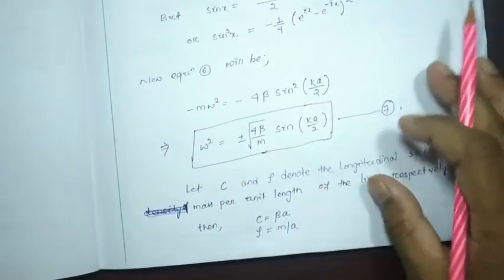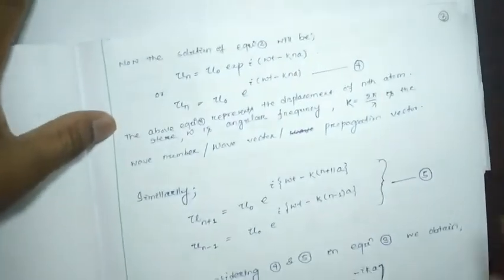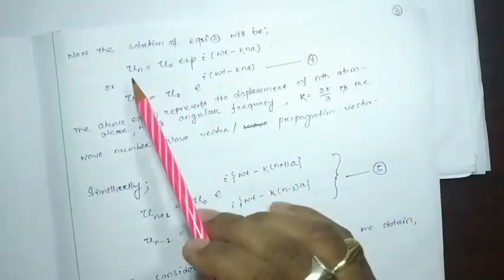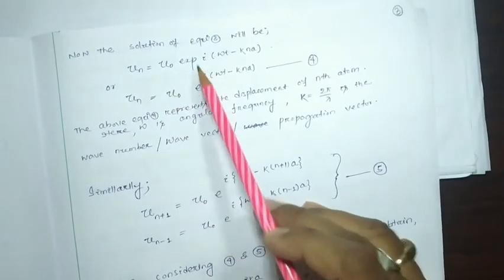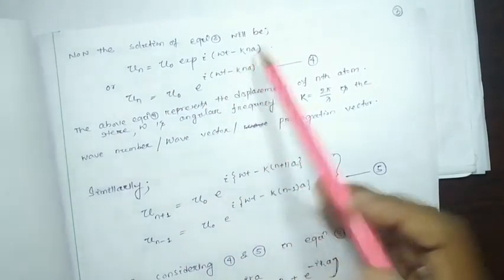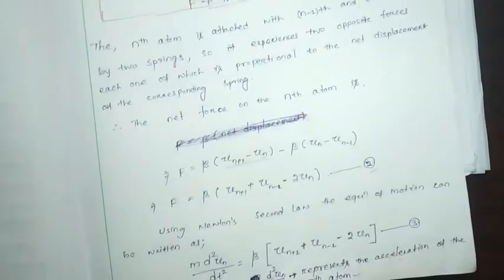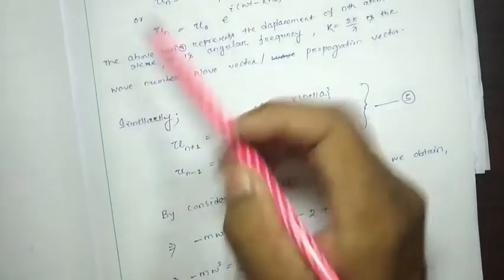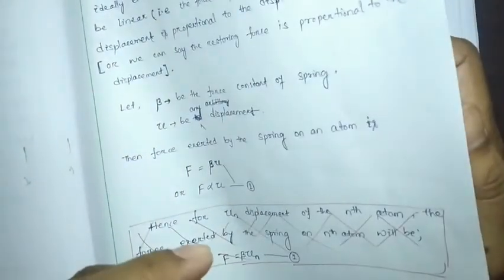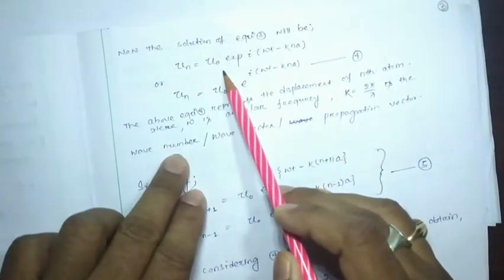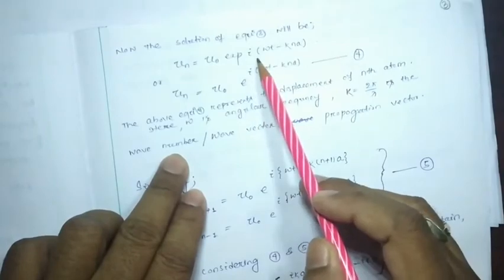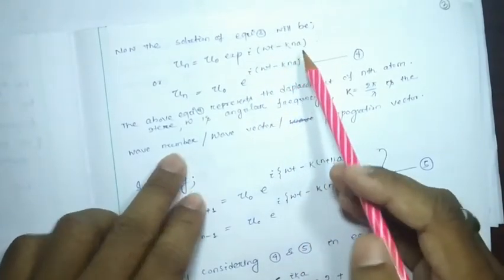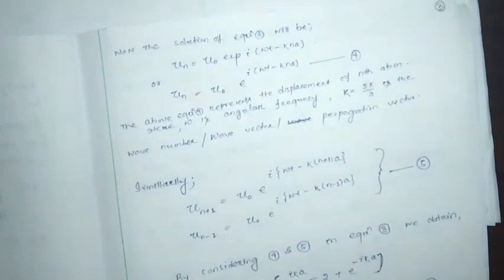Now the general solution of equation number 3, we can find, will be in the form un equal to u0 exponent of i omega t minus k n a, k into n a.